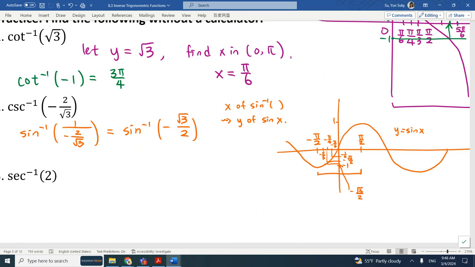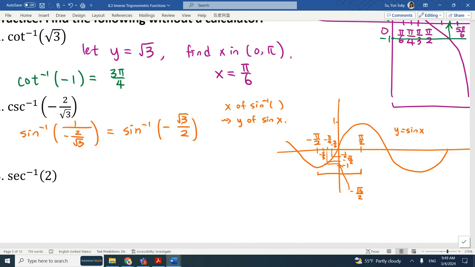So have this picture in your mind. Your x is getting smaller: negative pi over 6, negative pi over 4, negative pi over 3, and negative pi over 2. And your y values are getting smaller: negative 1/2, negative root 2 over 2, negative root 3 over 2, and negative 1.